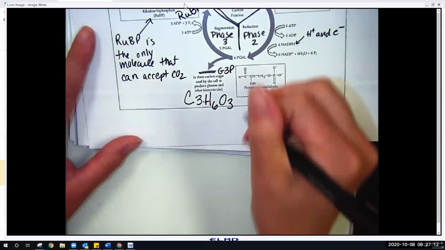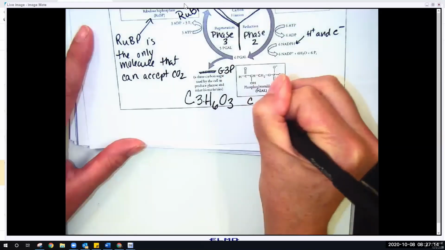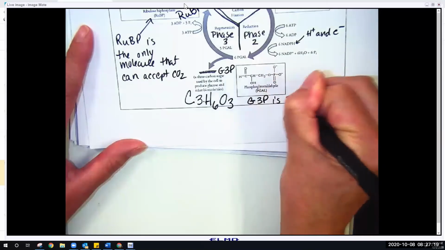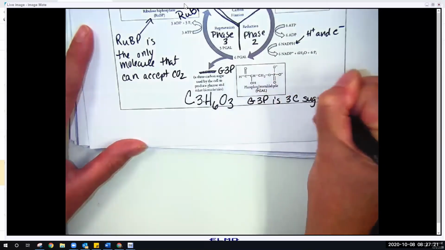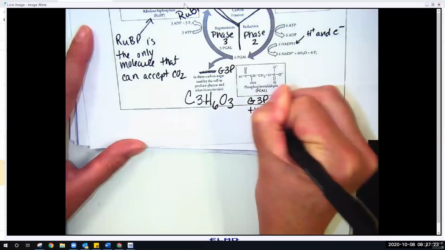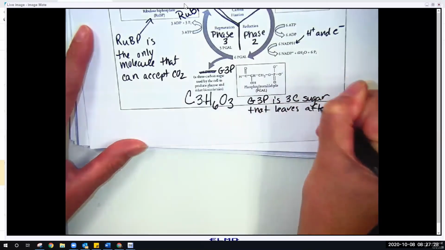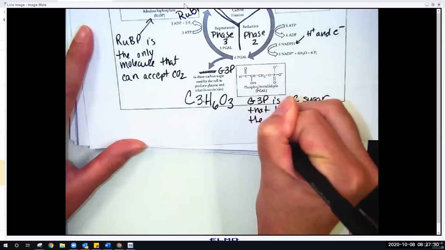And that leaves the Calvin cycle. So G3P is a 3-carbon sugar that leaves after the reduction phase.